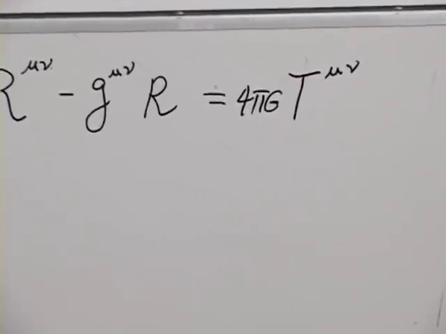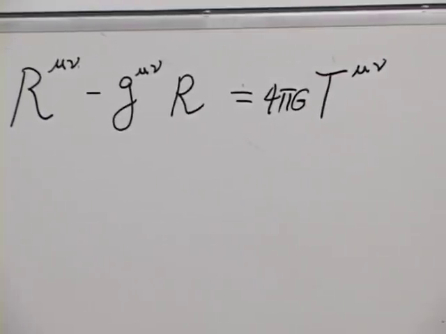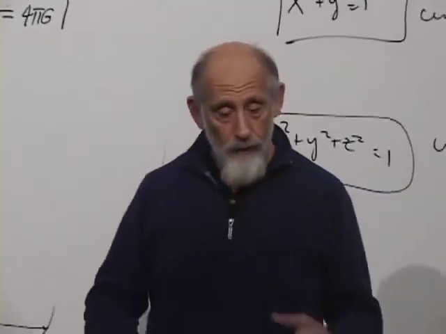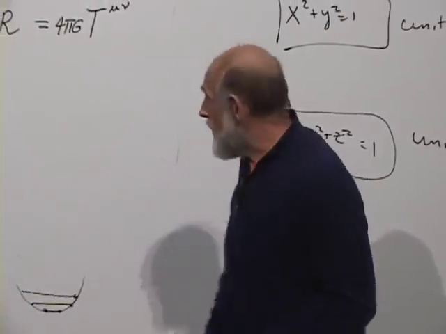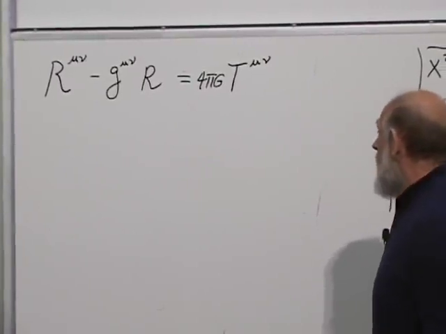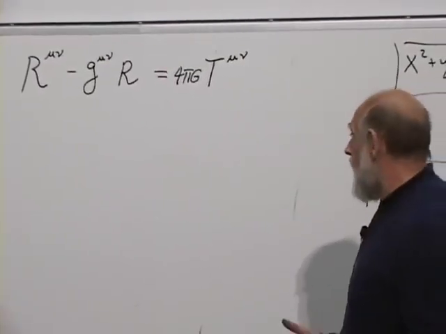So just a few words about what's on the right-hand side. Oh, and mu and nu go over 4 possibilities, x, y, z, and t. So this is 4-dimensional space-time geometry. And there is an equation like this for each mu and nu. Those are the Einstein equations.